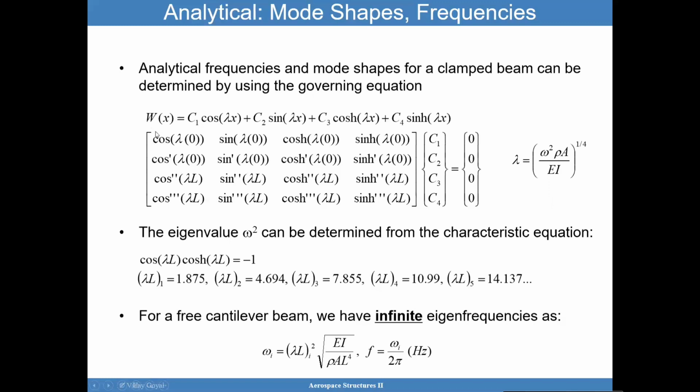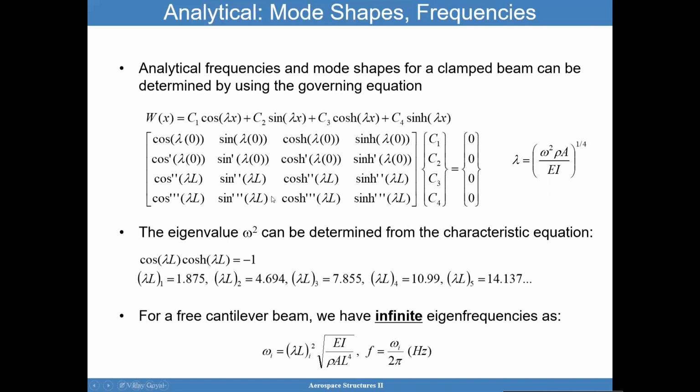If the determinant of this matrix is equal to 0, then we have found another way of making this equation equal 0. So if I find the determinant of this matrix, I'll find the characteristic equation that makes this determinant go to 0 comes from this particular equation.